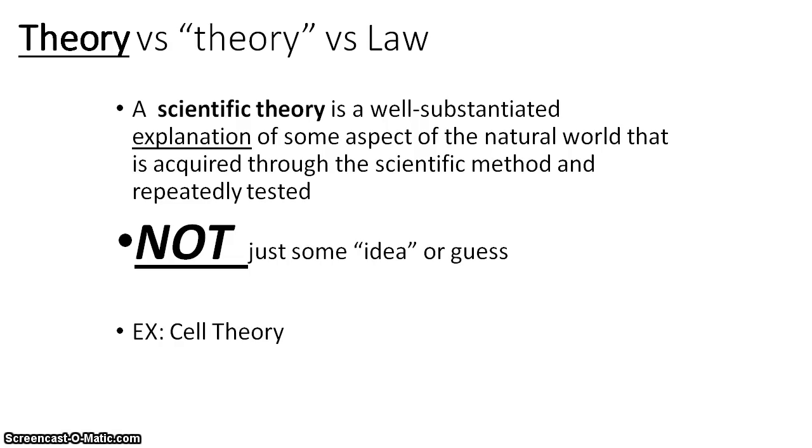Over a long period of time there have been many, many tests, and those results support this explanation of something that we see in the world. An example of this is cell theory. Before we get to the actual theory, what I'd like to do is talk about a few of the people in the history of cell theory.